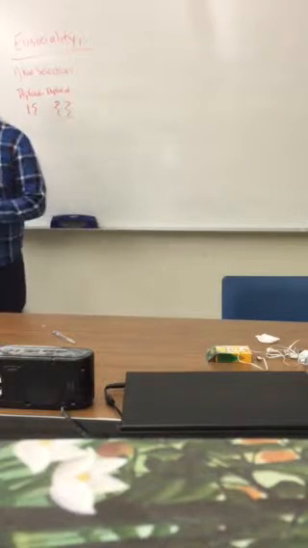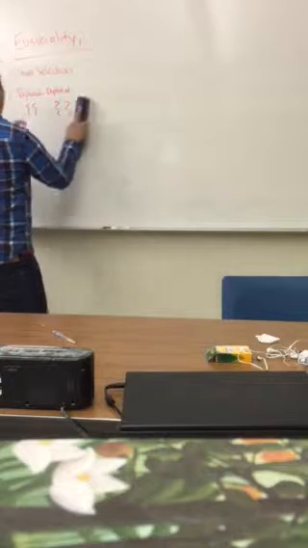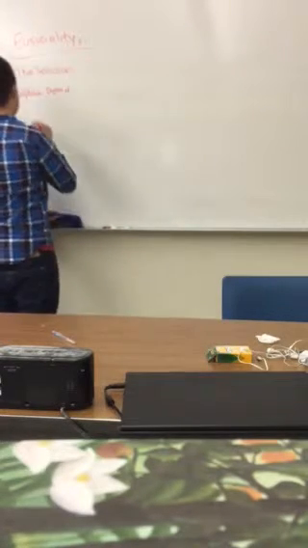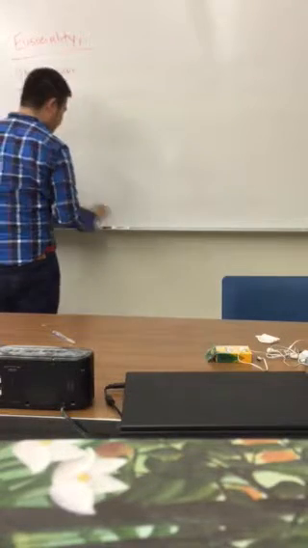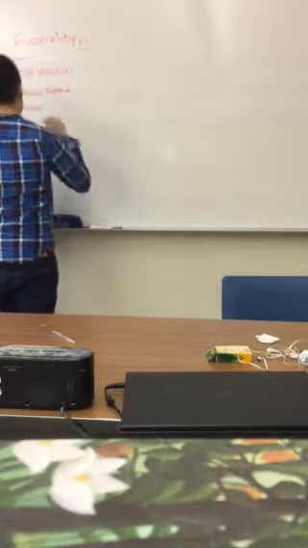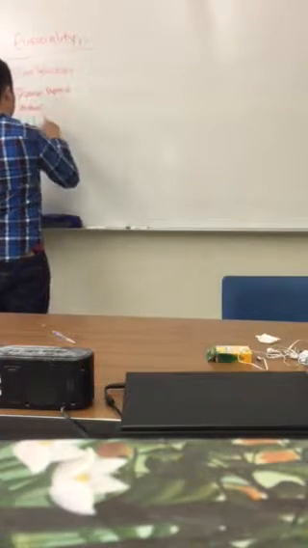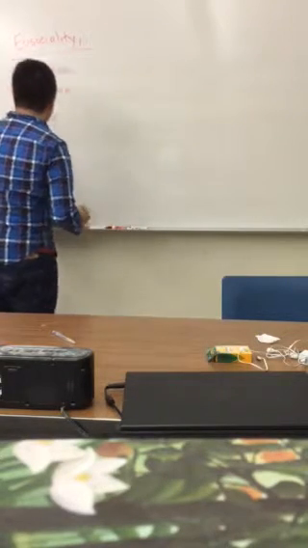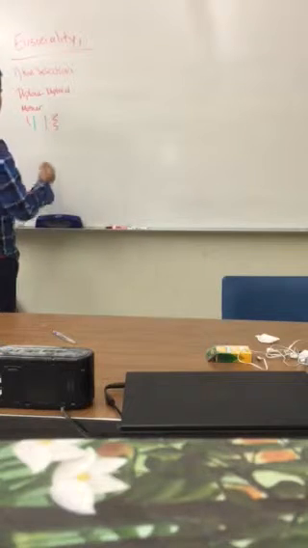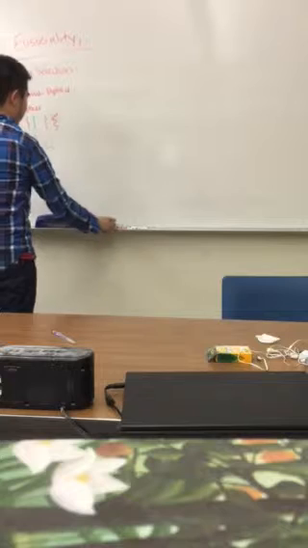I'm going to do this in different colors to make it easier to understand. So mother has two chromosomes. It's passed on to her offspring in a 50-50 relationship.